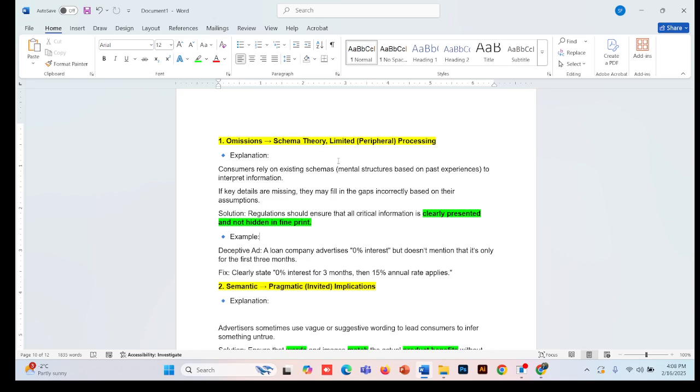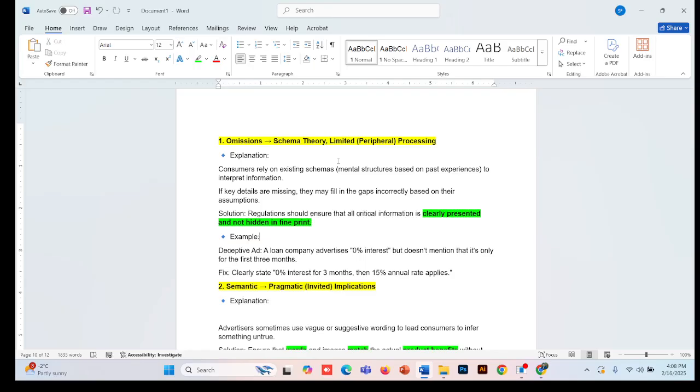So through the impact of schema, consumers might avoid this type of deception. So the solution is that marketers or advertisers should clearly present all information.